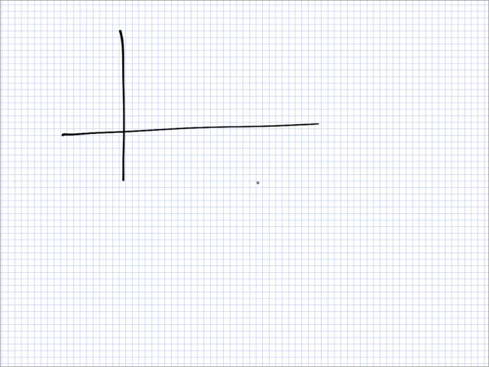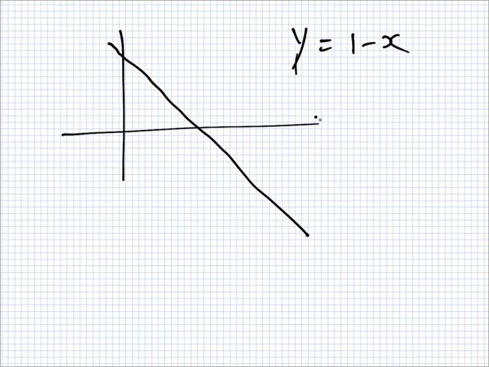No, we can do a little bit more interesting than that. No, let's make it boring. Let's say we have this function here. This is the function y equals 1 minus x.